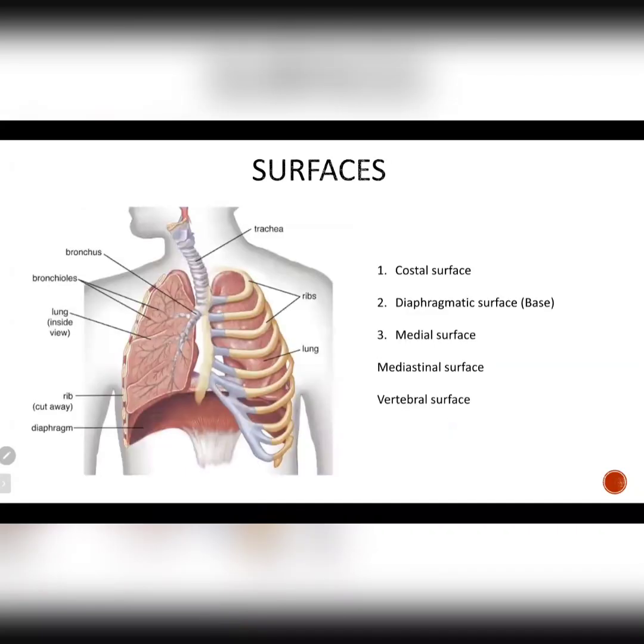Usually students miss that out in presentation. Sometimes you think that medial surface is synonymous with mediastinal surface, but please remember that the medial surface of the lung is subdivided into two parts, the larger mediastinal surface and the narrow vertebral surface.